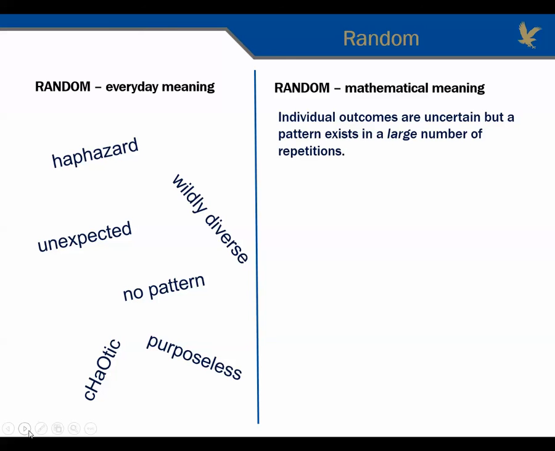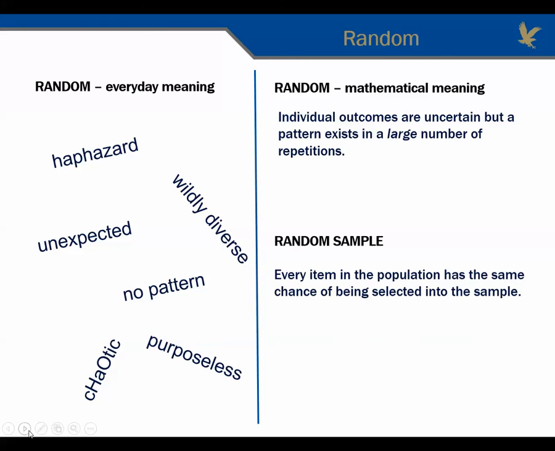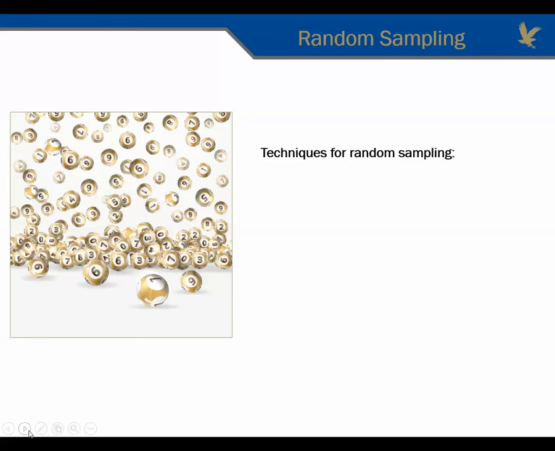In order to depend on the laws of probability to get a representative sample, we need to ensure that the sample is collected randomly. Our goal is to be certain that every item in the population was equally likely to be selected into the sample. The most straightforward way to take a random sample is the simple random sample.